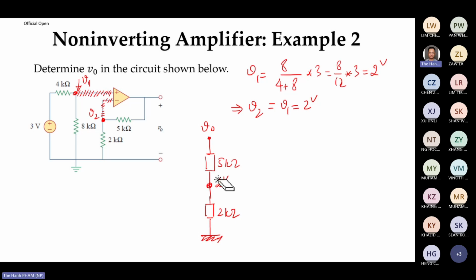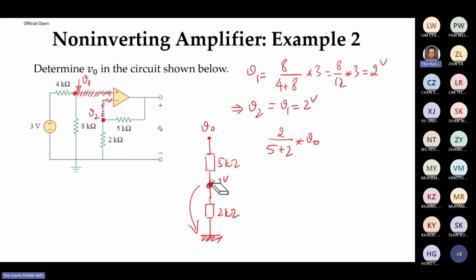Actually, it's quite simple. There's multiple ways. Look, what is the voltage across this 2K? If here is VL, it's 2 over 5 plus 2 times VL, right? It's a voltage divider rule, right? The voltage across this 2K should be 2 over 2 plus 5 times VL.